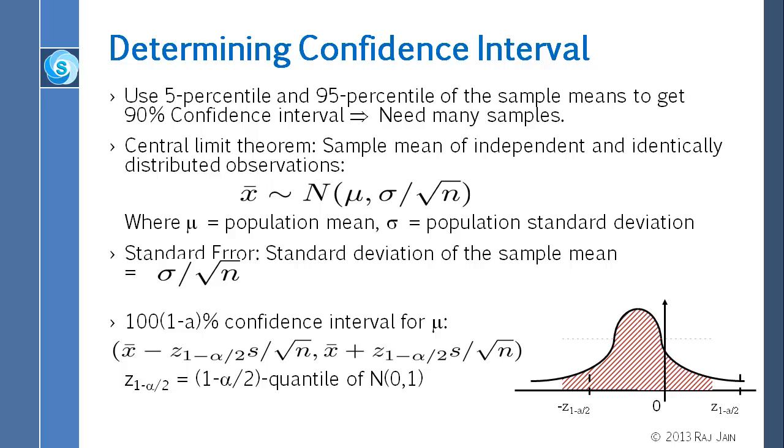However, there are two more things. One is that since this sample came from that distribution, it really is normally distributed with mean of mu. So that is one thing we know. The second thing is the standard deviation: the standard deviation of the sample mean is sigma upon square root of n.